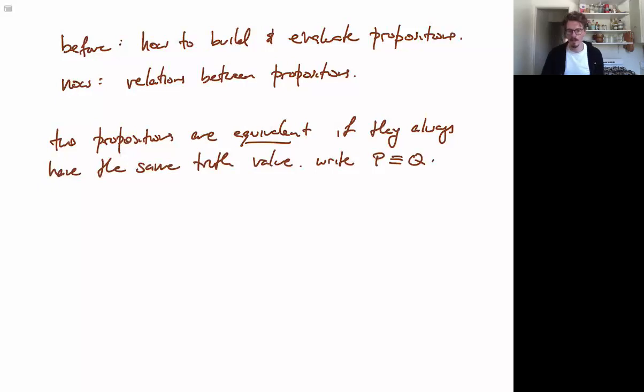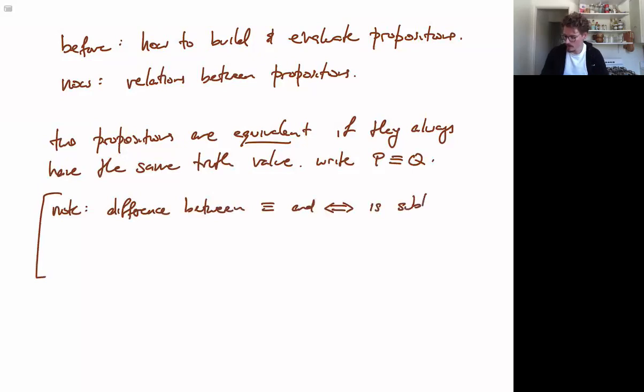So this is how we write P is equivalent to Q. I do want to make a quick note that I encourage all of you to totally ignore, which is that the difference between this thing and this thing is subtle and harmless to ignore. So I encourage you to ignore it.